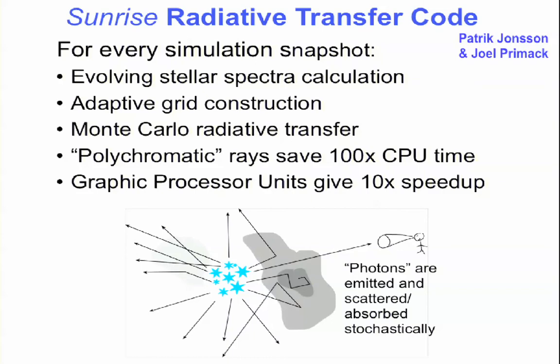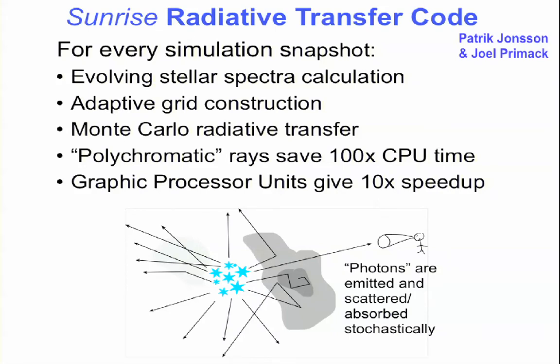And then we track, using ray tracing, the light from the stars through the simulation volume, including scattering, absorption, re-emission, all done self-consistently. And we've programmed this on a system of cores plus GPUs and optimized the data flow so that we actually get an extra factor of 10 speed up.